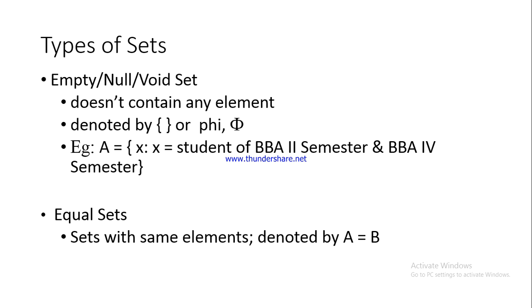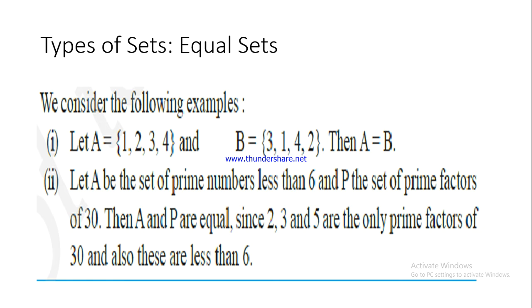So if two different sets have the same elements in whatever serial order, that is immaterial, then the two sets would be called equal sets, and they would be denoted by A is equal to B. Here A and B are two sets, and the equal sign shows the equality of the two sets.